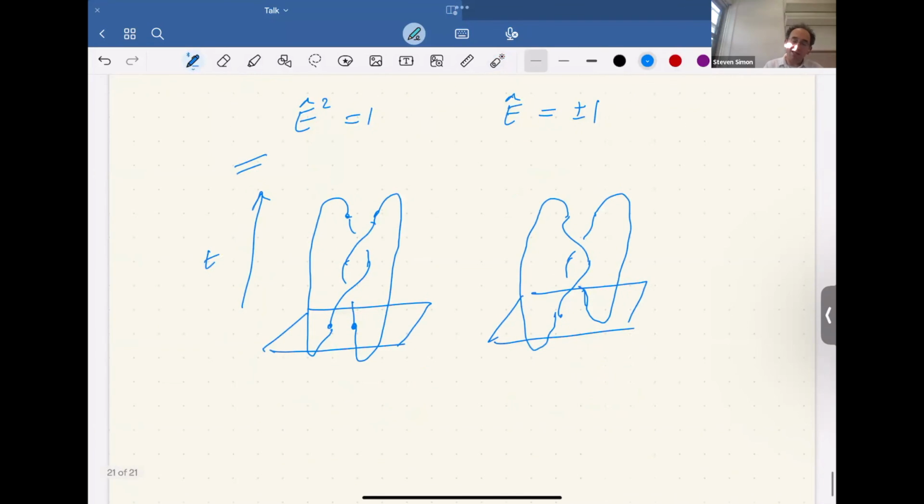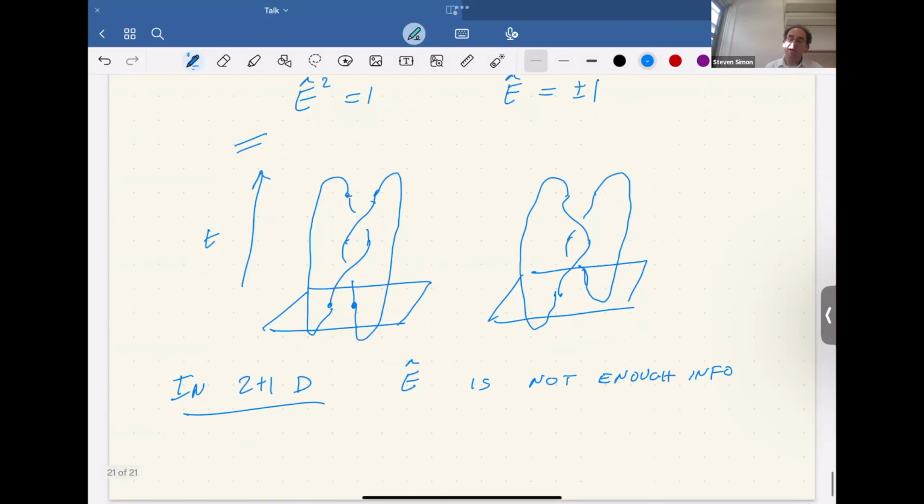And so the point is that in 2+1D, you can't just say exchange. Exchange is not enough information. You have to describe whether you exchange clockwise or counterclockwise. And if you have more than 2 particles, you have to say which one's exchanged first and so forth.